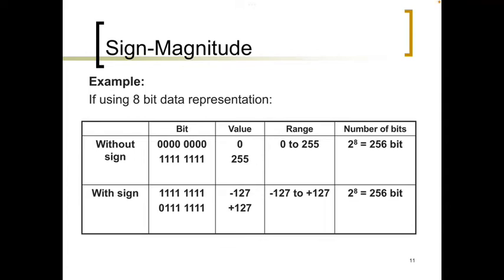When we have 8 bits without sign, for positive and negative, we have 256 possible values. However, when you use the leftmost bit as our sign, we have values between 0 to 127. That's 128.